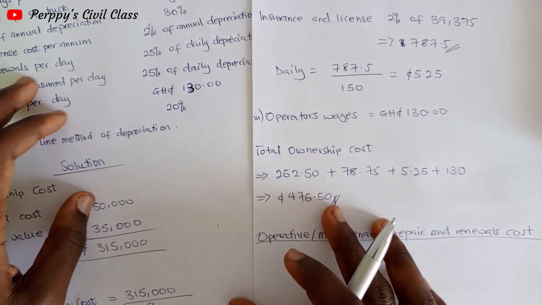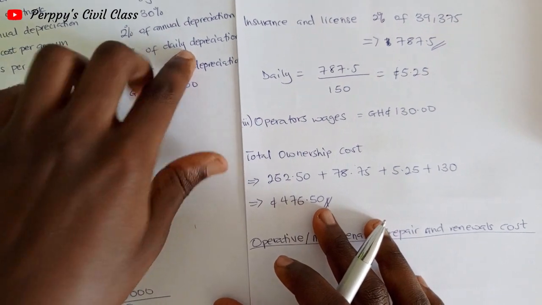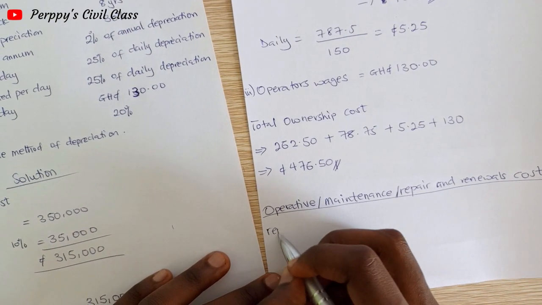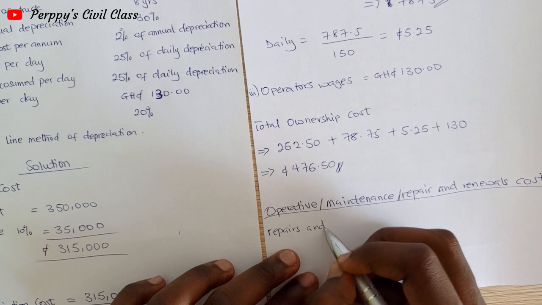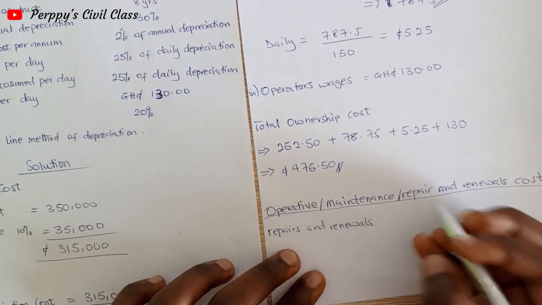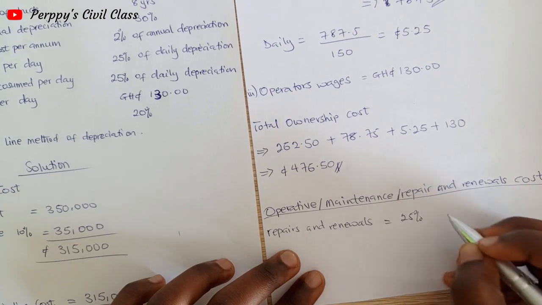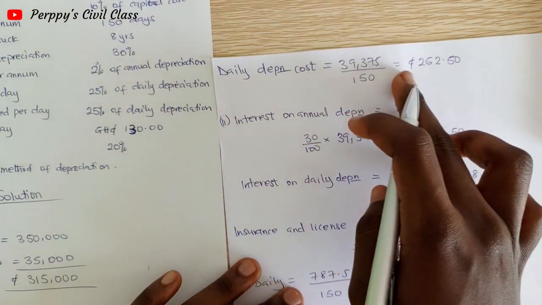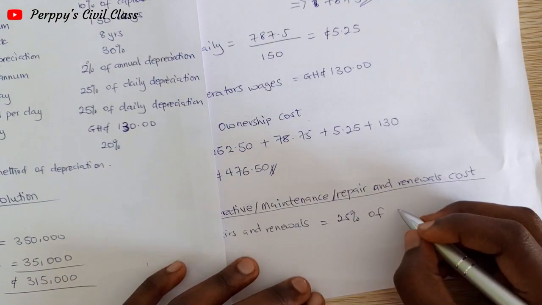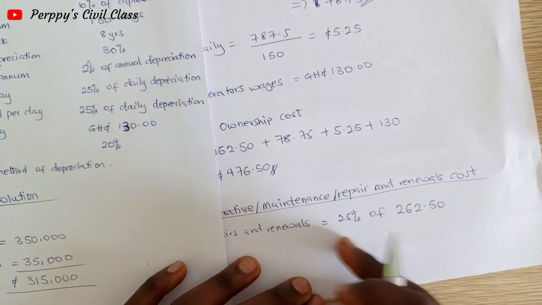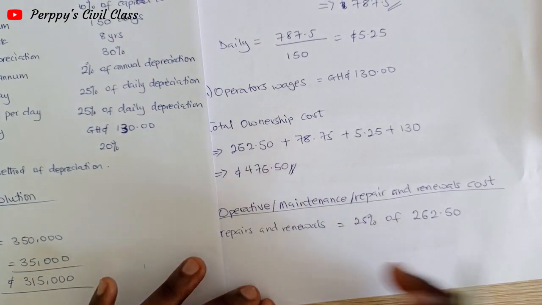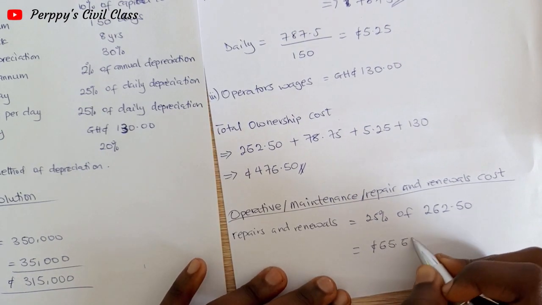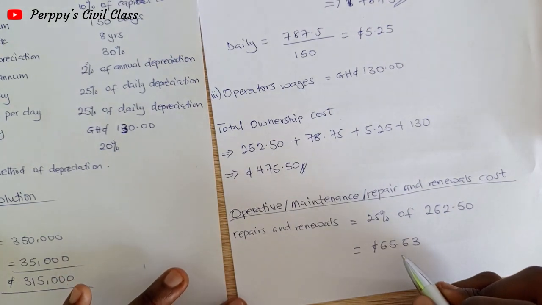The question says repair and renewals per day is 25% of the daily depreciation, and the daily depreciation cost is 262.50. So 25% of 262.50 gives us 65.63.